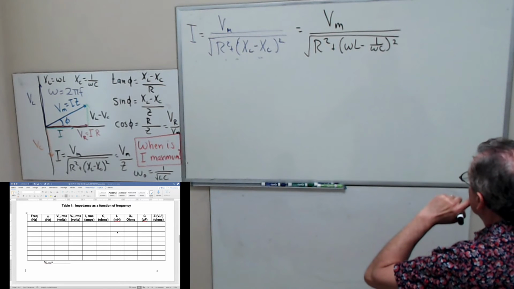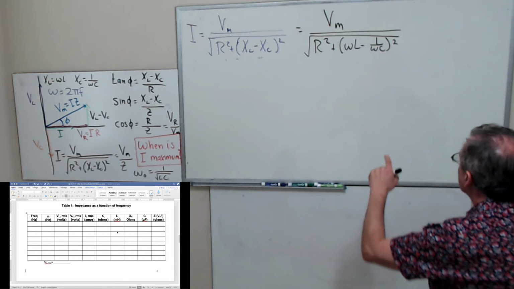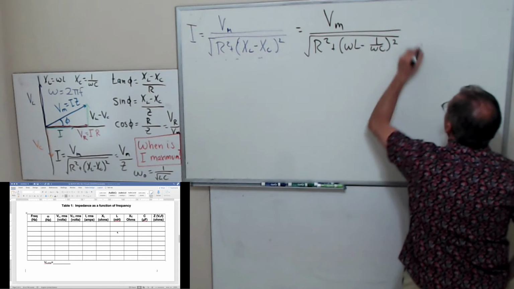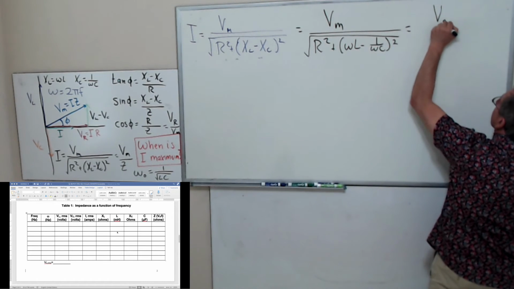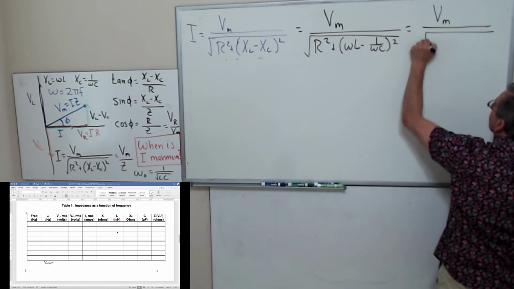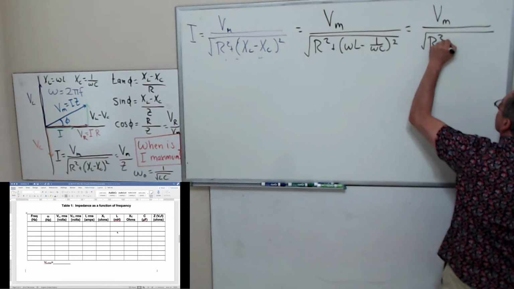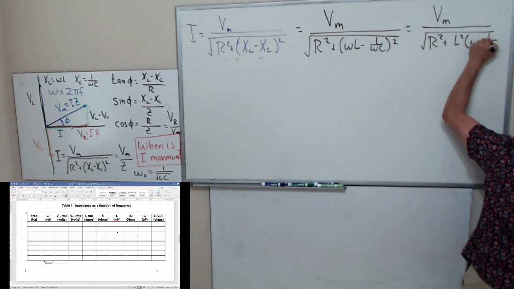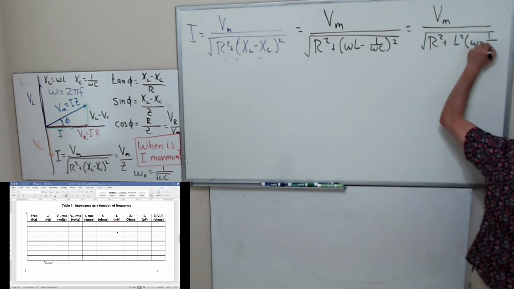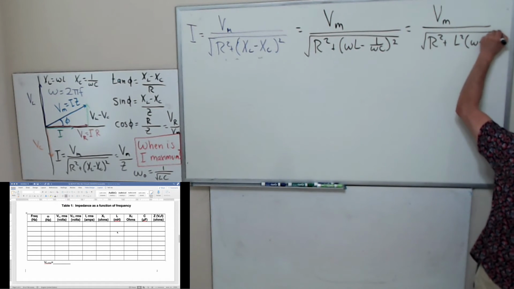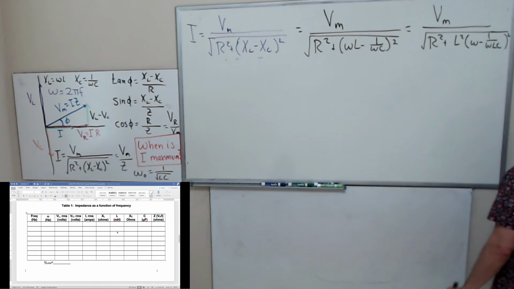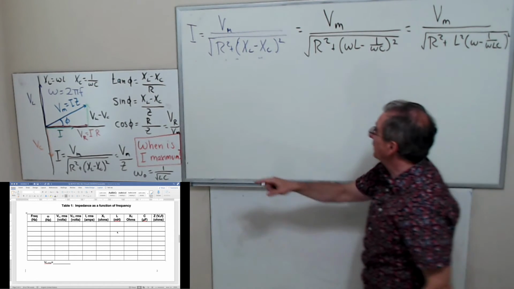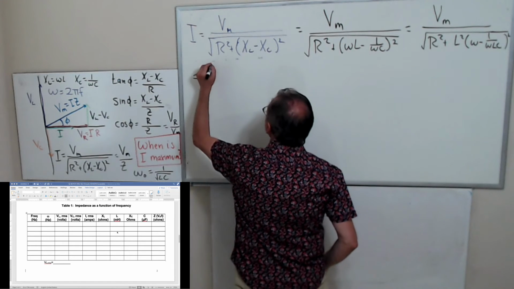And I'm going to pull out an L from this term. So let me put out L. I'll get the following. But L times C is omega squared.